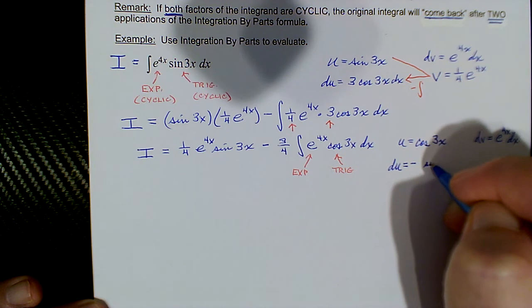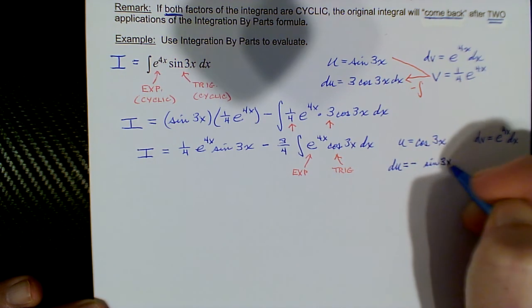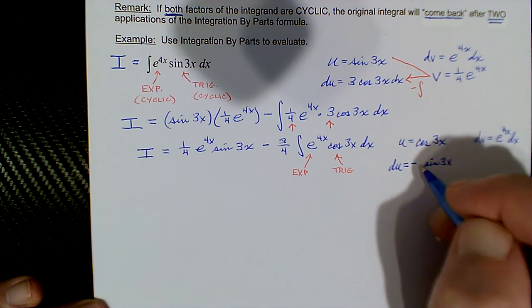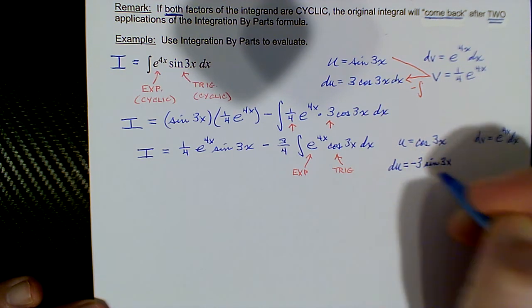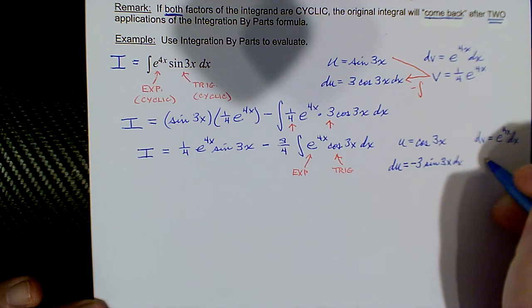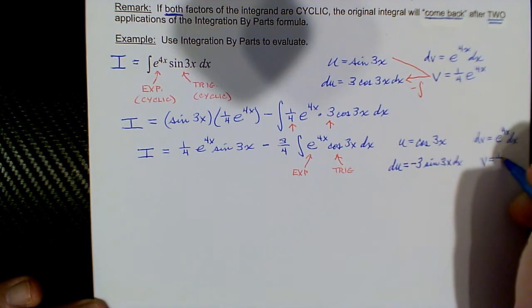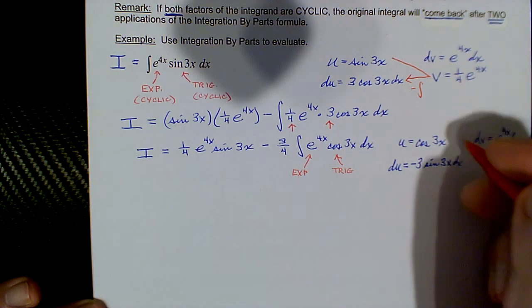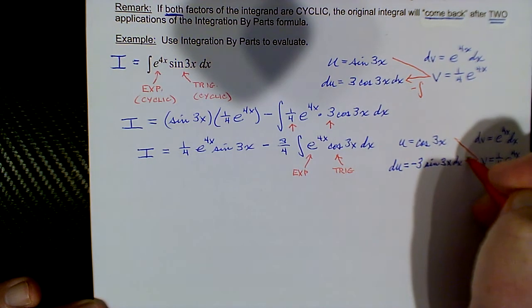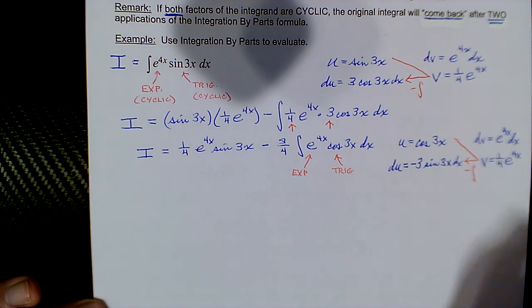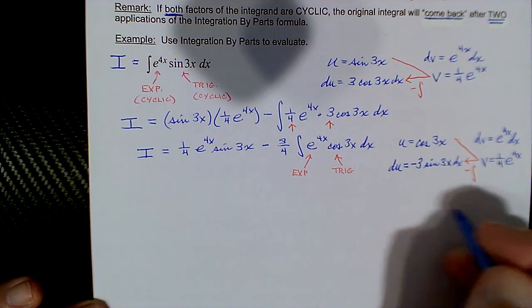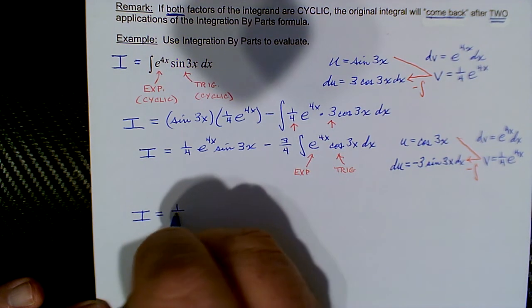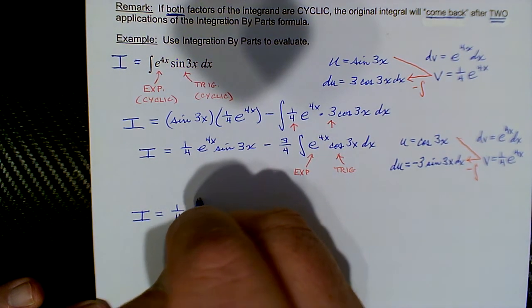Okay, so now we have that this integral I is equal to, again, this first term just gets recopied: 1/4 e to the 4x sine of 3x. But now here's something very important. We saw this in the last situation as well. When we have this negative 3/4 here, that is the coefficient of this integral, and we are about to apply this integration by parts formula to that new integral.